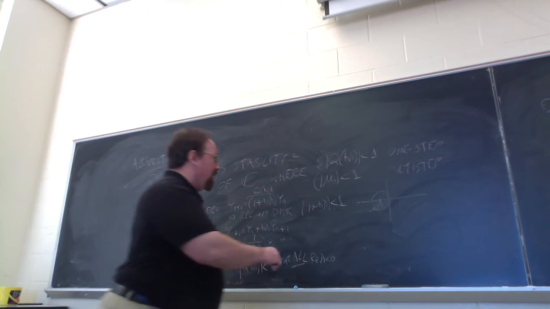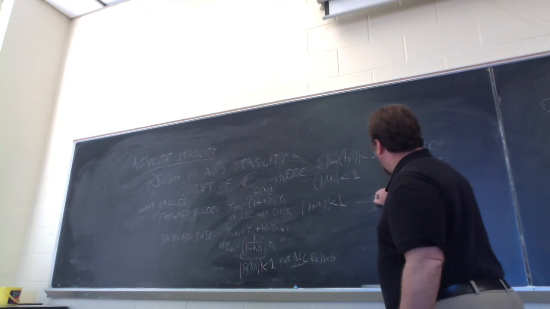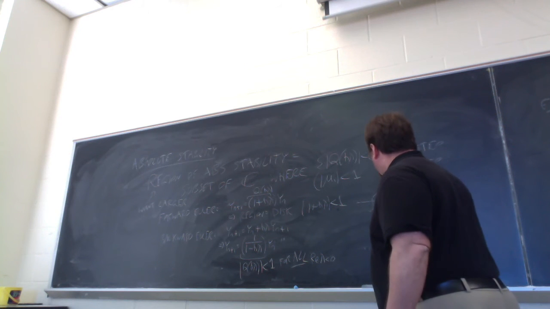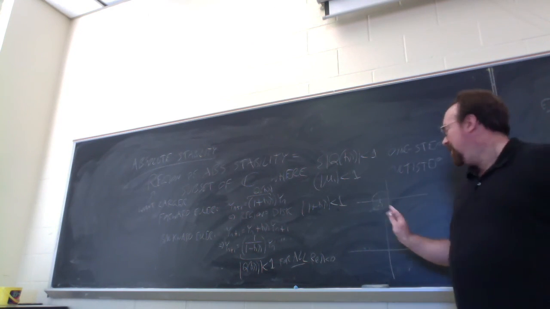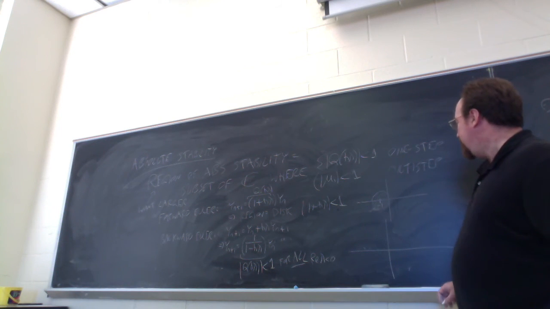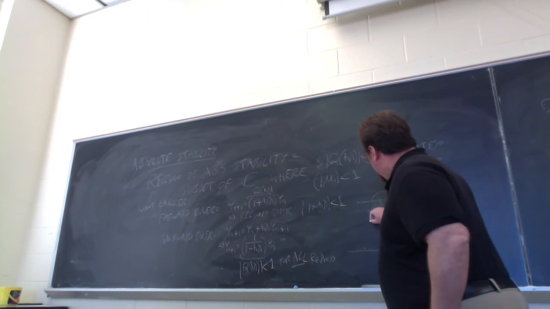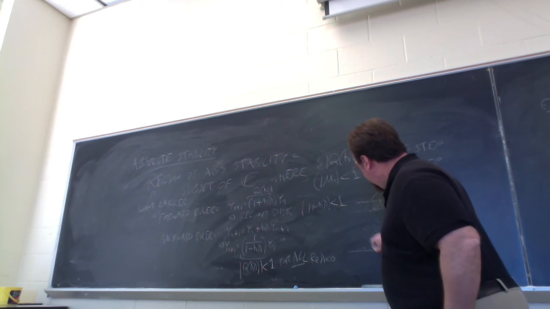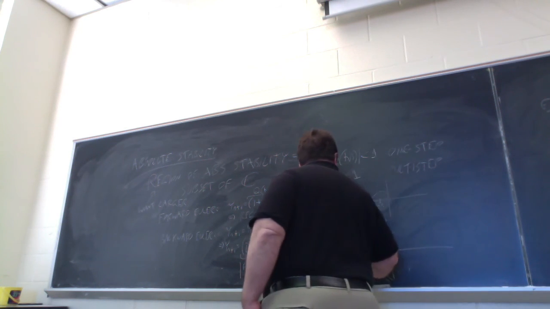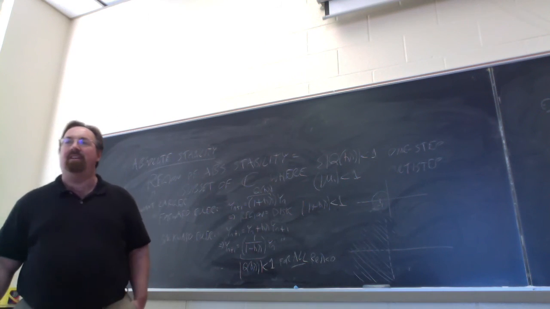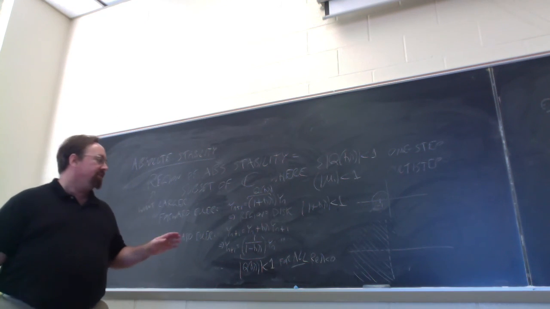So I shaded this in for forward Euler. Now if I do backward Euler, what am I going to shade in? The entire left half plane, where h lambda is negative. Yes, the entire left-hand side, because you're still dealing with complex numbers of negative real part.